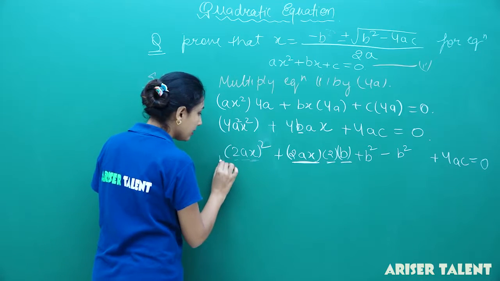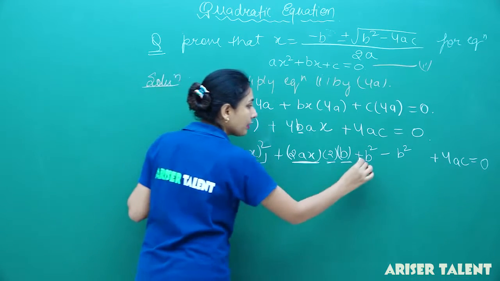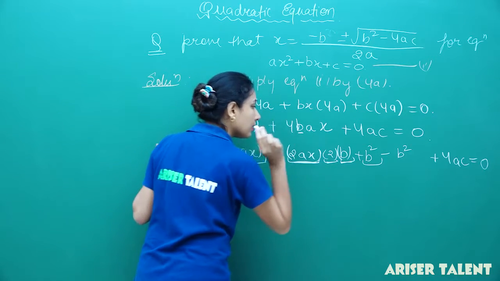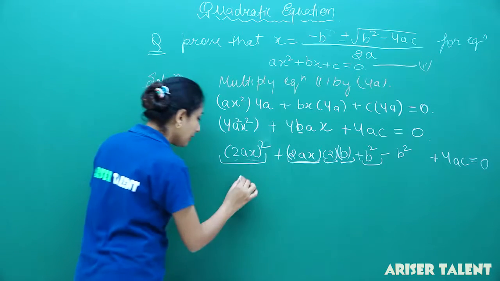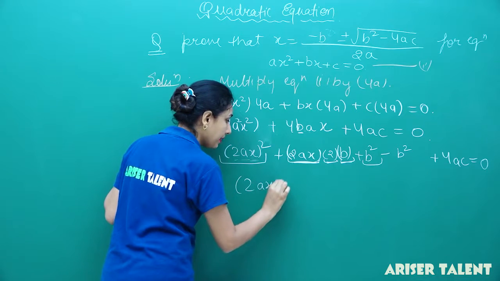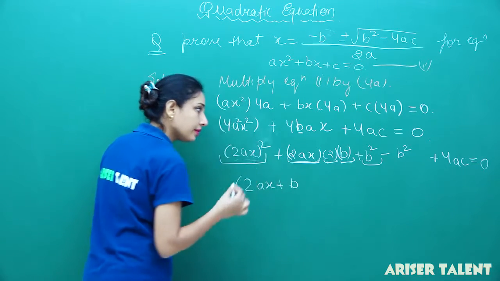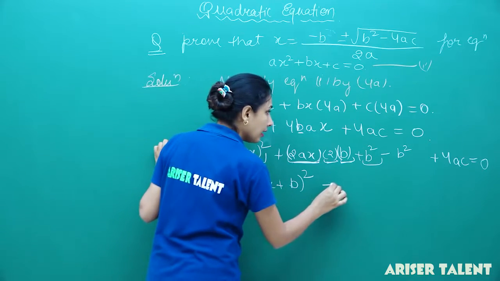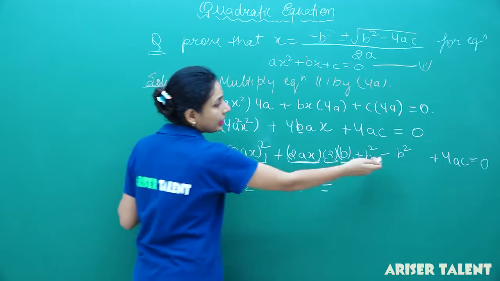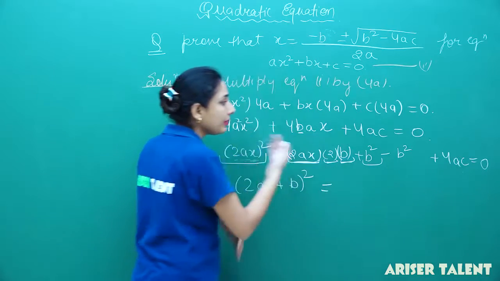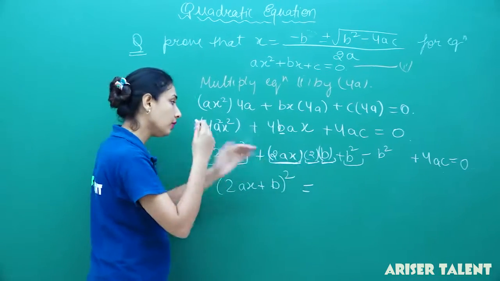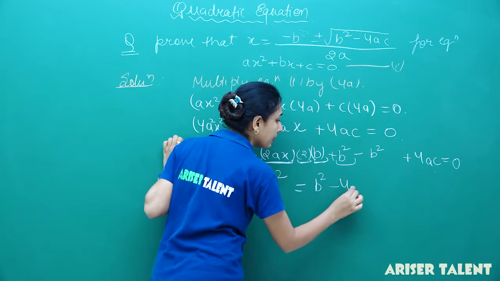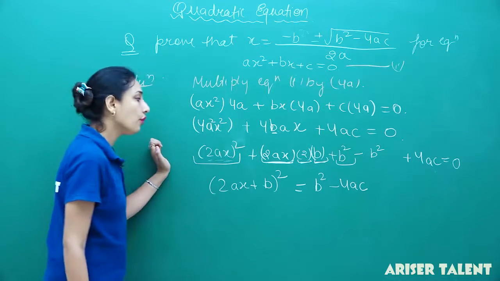Now students, look at this, a square plus b square plus 2ab, so it will become a plus b whole square. Now, these b square plus 4ac can be transposed to the other side, so I can do this by writing b square minus 4ac.